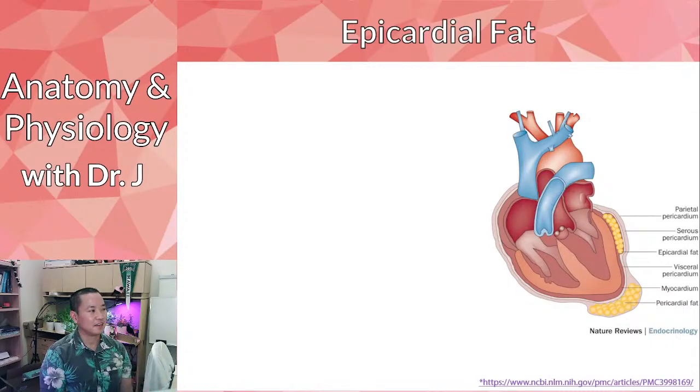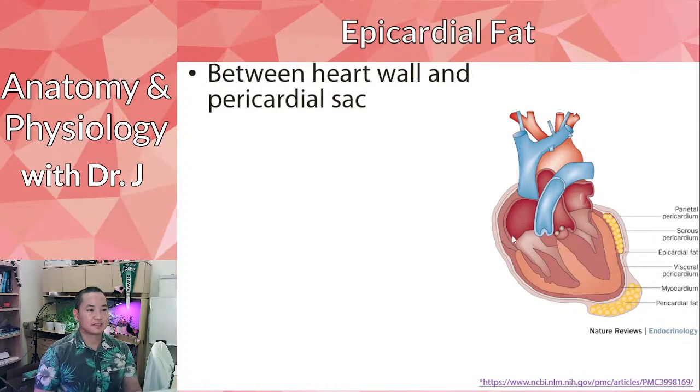I remember there was one person who donated their body who was a triathlete or some sort of athlete, and they had almost minimal epicardial fat. But typically, in people who donate their body to the medical school, it's very common to see epicardial fat. It sits between the heart wall and the pericardial sac, and that's what we see over here.